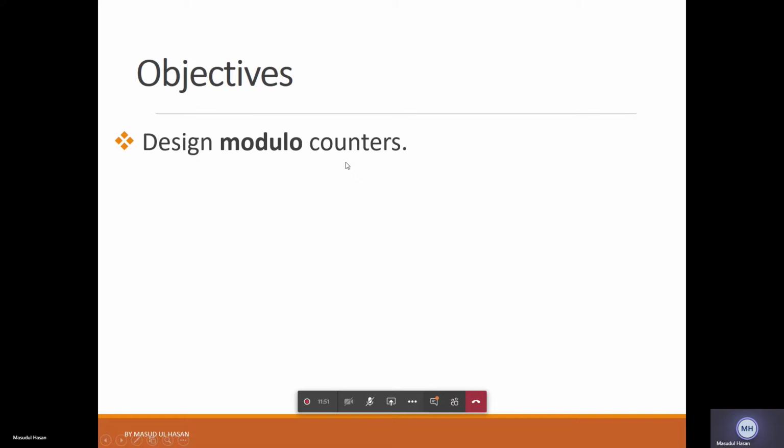When this CE is enabled, it will enable this counter, plus whenever it reaches 9 and CE is there, then the CEO will be 1. So when this CE is not 1, this will disable this counter as well as it will disable this CEO and the next counter. So all the counters in this series will be disabled due to this CE.